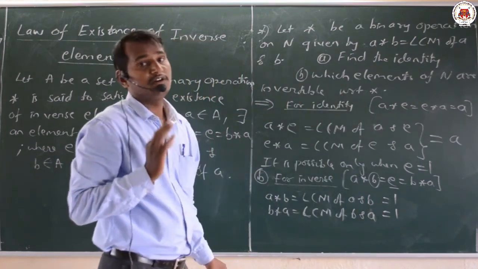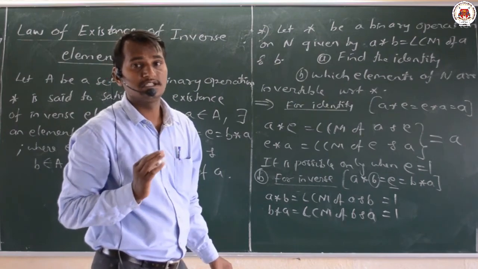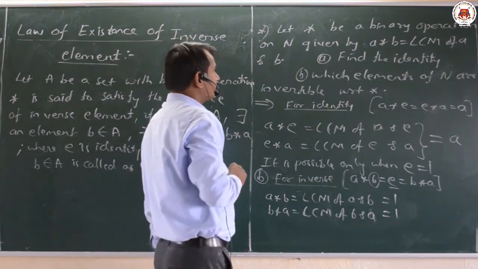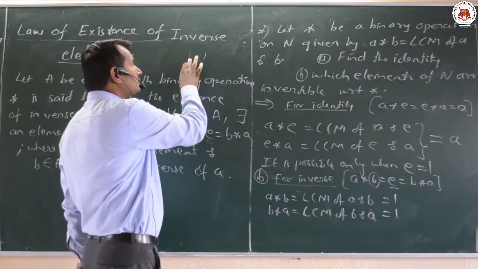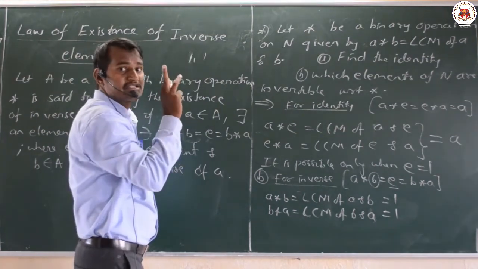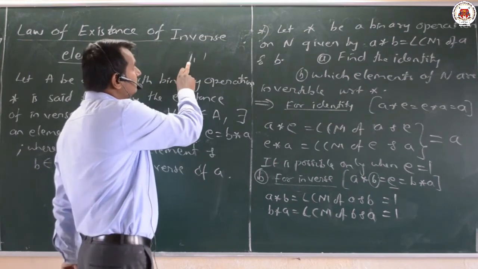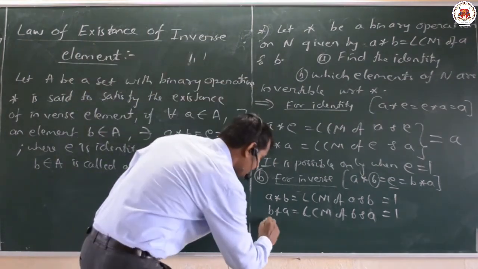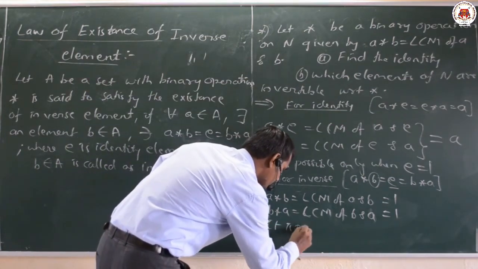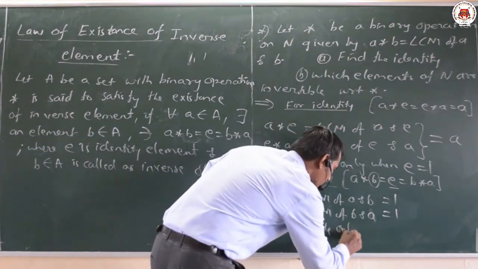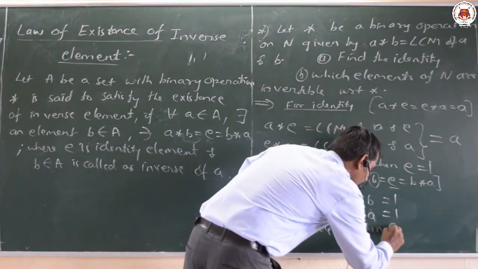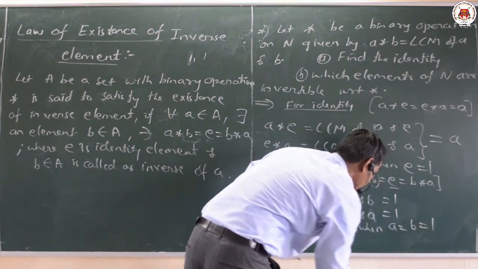When is the LCM 1? When is the LCM 1 here? LCM of 2 and 1 is 2 only. It is possible only when both elements are 1, a is 1 and b is 1. It is possible only when a equal to b equal to 1.